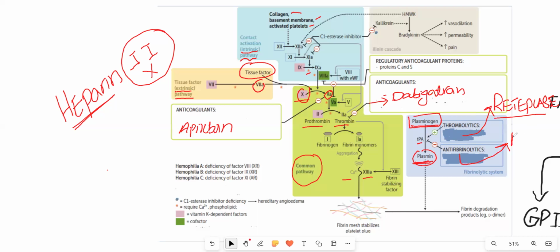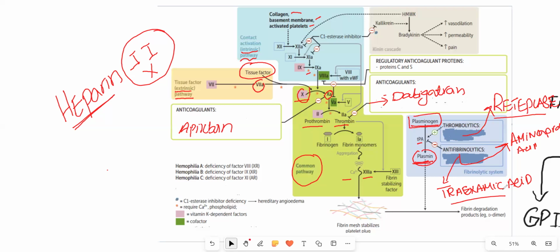They are aminocaproic acid, and another drug is tranexamic acid. Okay, so these are some high yield drugs related to coagulation.